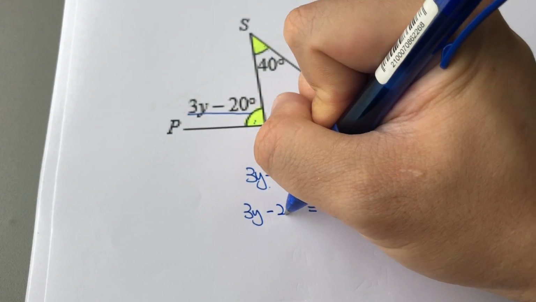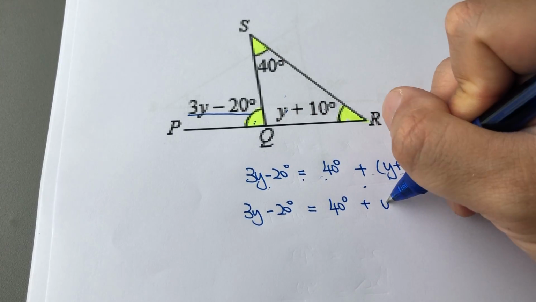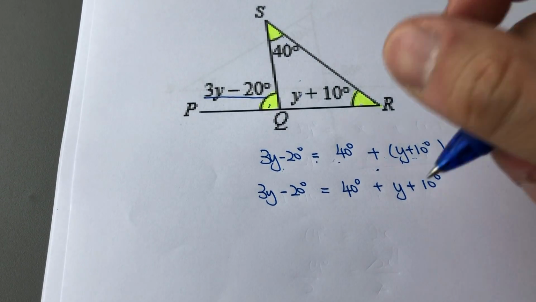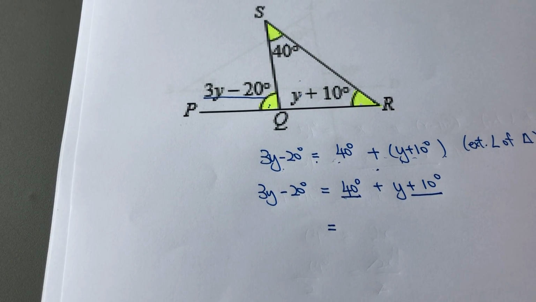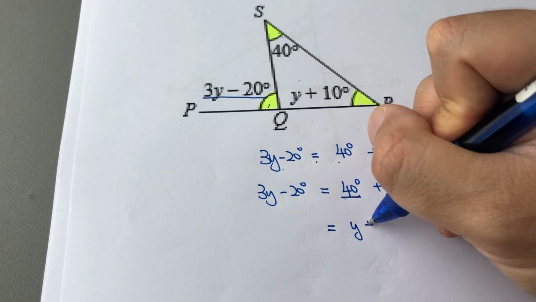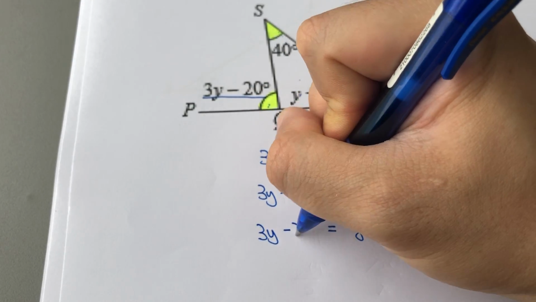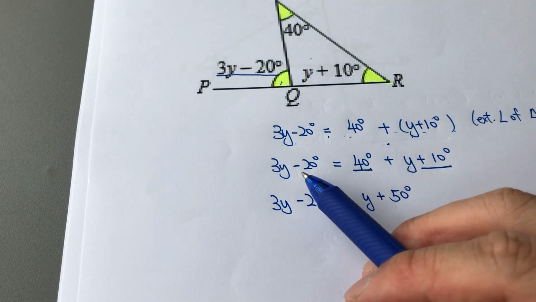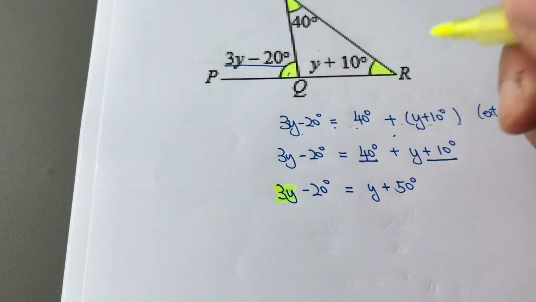And now let's take away the brackets so that we have 40 plus y plus 10 degrees. Okay. Now 40 plus 10, what is that? 40 plus 10 becomes 50, so we have y plus 50 degrees. And on the other side, we just copy 3y minus 20 degrees. Now, let's try to combine the like terms. Who are the like terms? 3y and y.